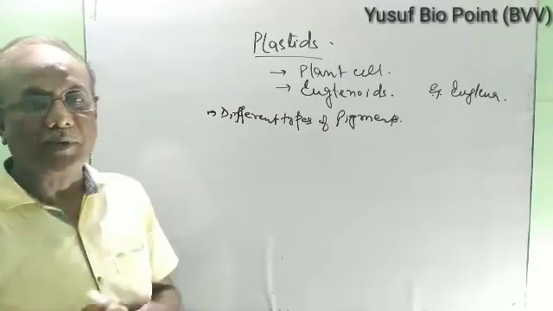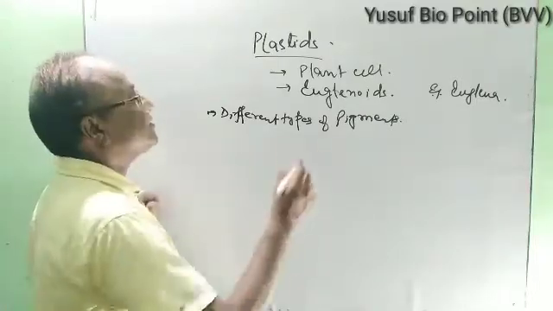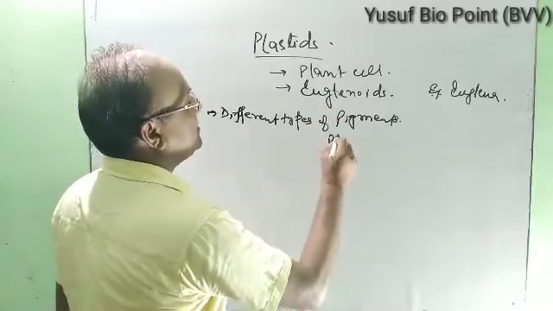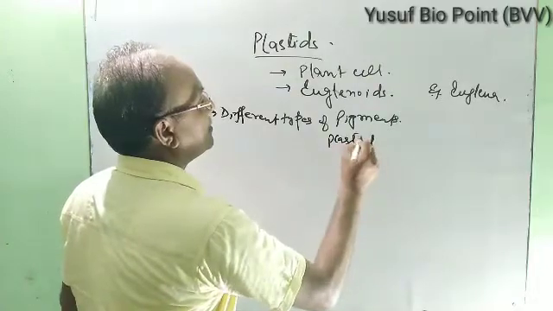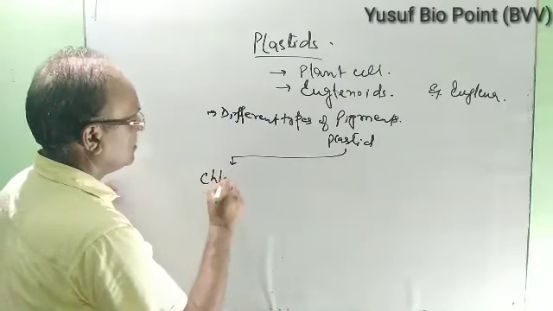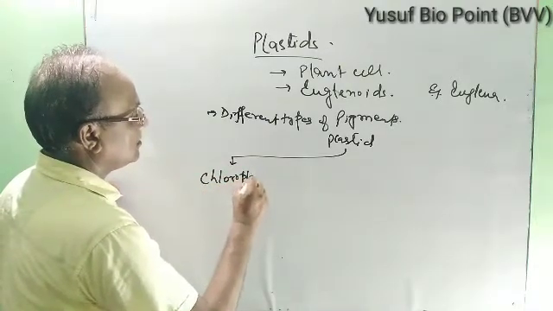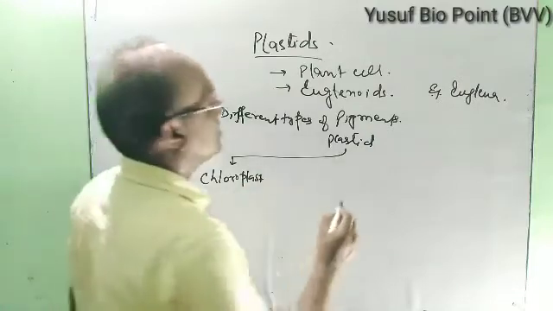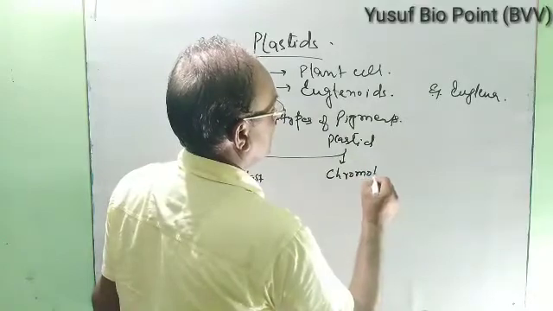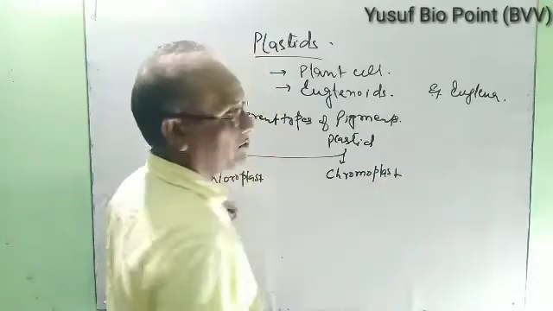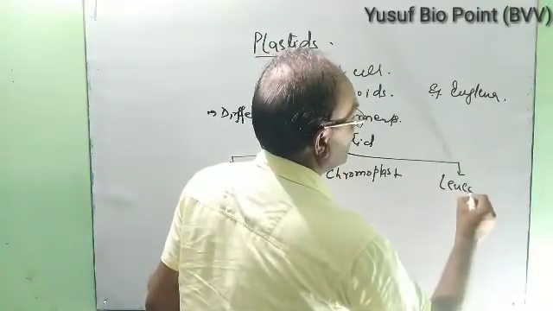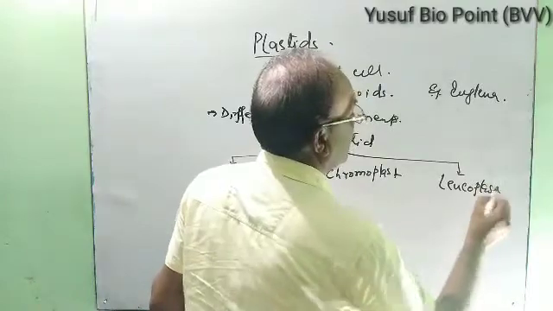On the basis of pigment, plastid is divided into: one is Chloroplast, next one is Chromoplast, and last one is Leucoplast.